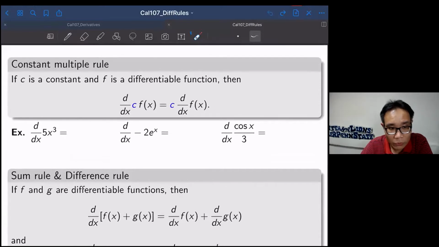The constant multiple rule turns out to be one simple rule: sometimes you get a constant multiple of a given function f.